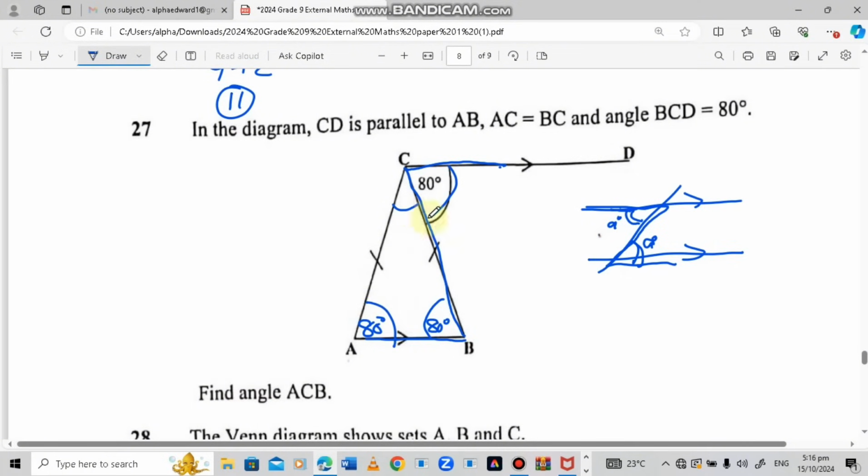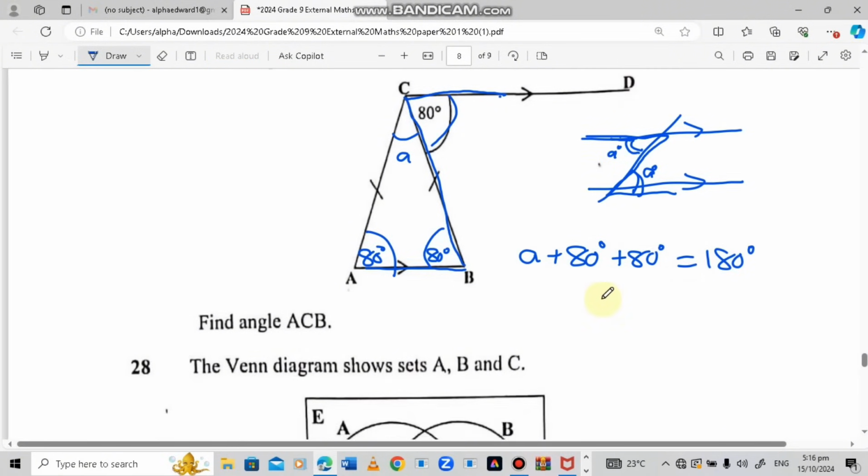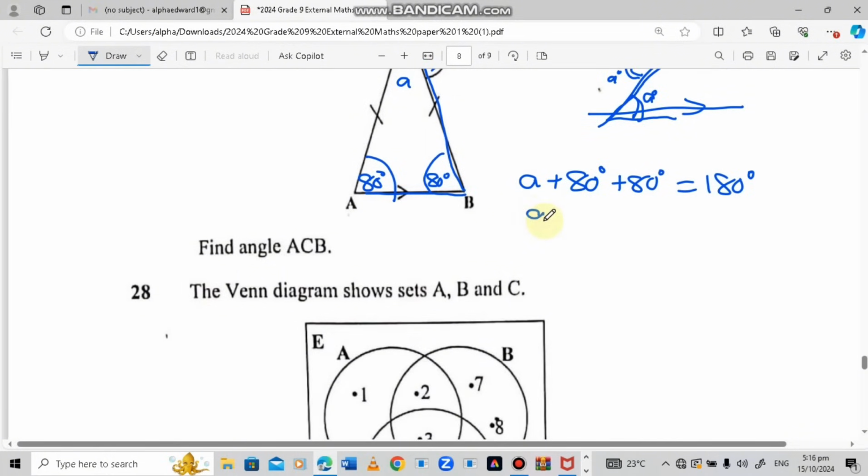To find this angle here, we use the angle sum in a triangle. When you add the three angles, you should get 180 degrees. Let's give this angle the letter A. So we have A plus 80 plus 80, which is A plus 160 degrees, equal to 180 degrees.